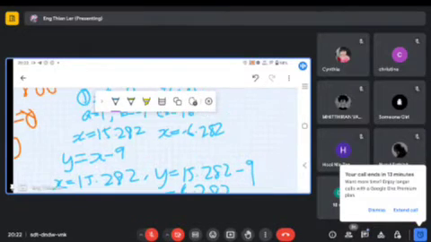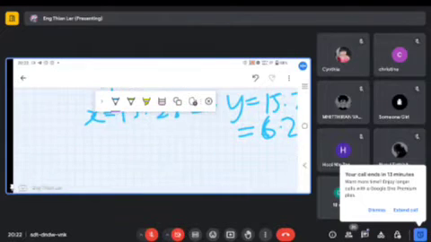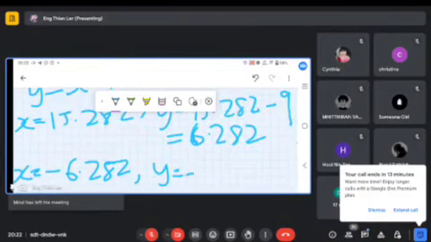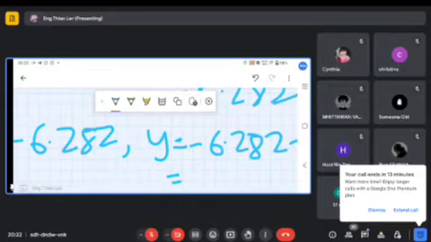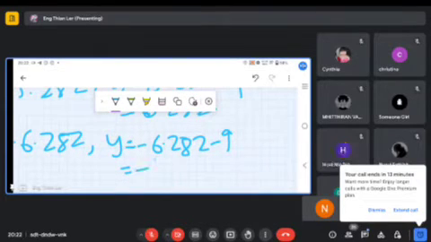And for another value, we get x equal to negative 6.282. So when x equal to negative 6.282, y will be negative 6.282 minus 9. This will equal negative 15.282.